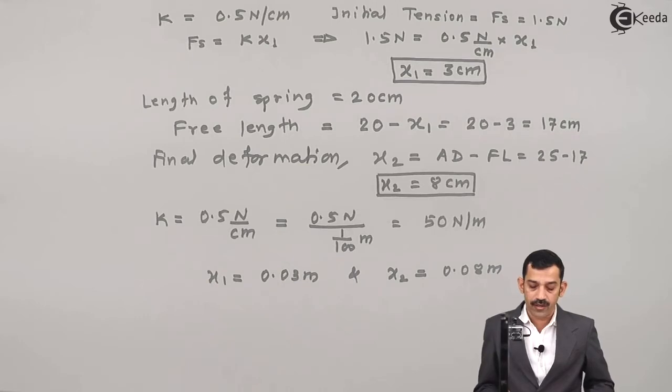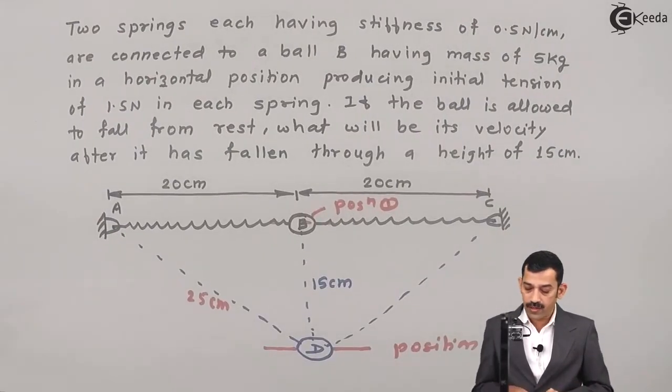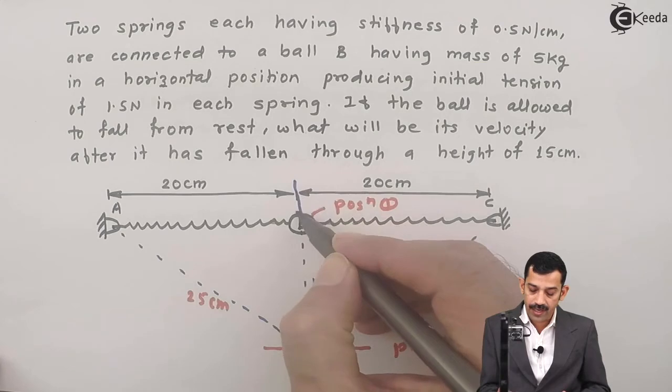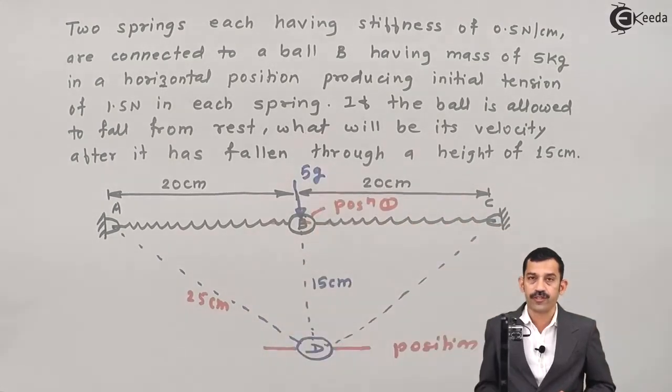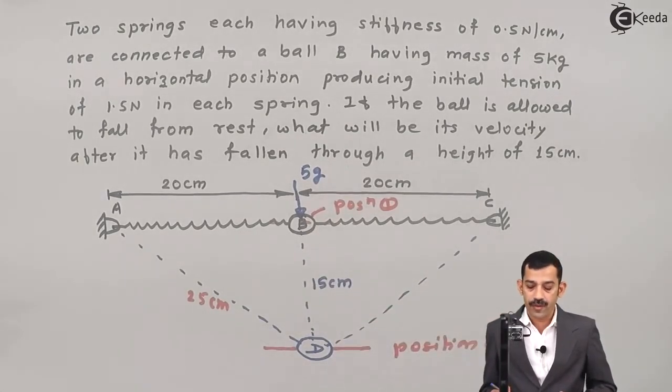Now if we concentrate on the work done by forces, what do we get? The mass of this ball B is given as 5 kg, where the weight acts in the downward direction and becomes 5 into 9.81, where g is 9.81. As the ball moves in the downward direction by 15 centimeters, and weight is also acting downward, the work done by weight is positive: plus 5 into 9.81 into 0.15 meters.